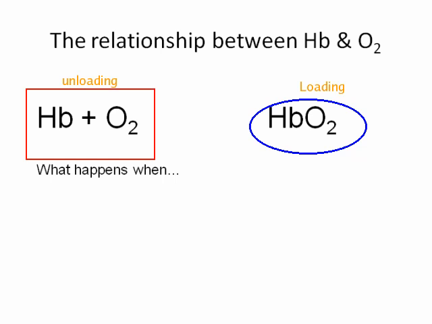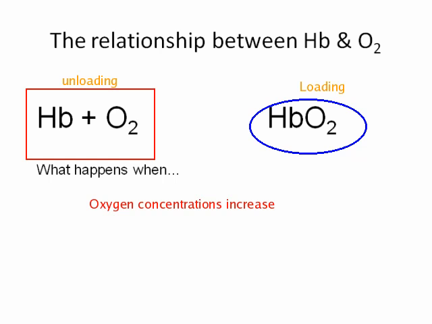I want to put this in terms of what happens if oxygen concentrations increase. Which way is this equation more likely to go? Is it more likely to go to the right towards loading and form that oxyhemoglobin, or is it more likely to go to the left where you're going to have disassociation, where the oxygen is going to leave the hemoglobin and diffuse into the tissue?